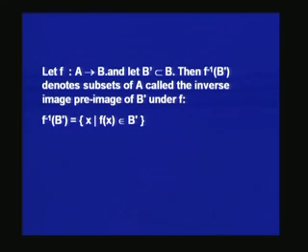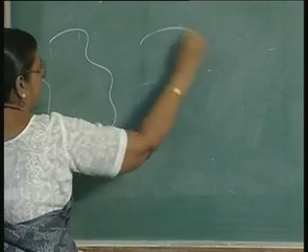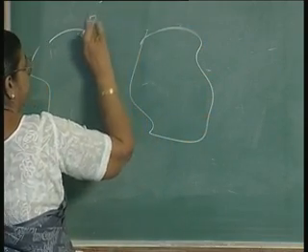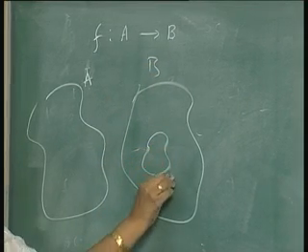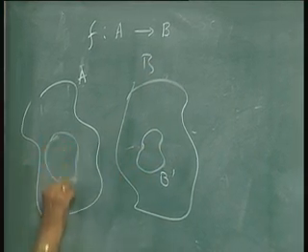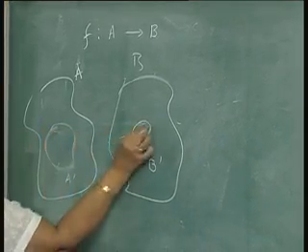Let f be from A to B and B dash a subset of B, then f inverse of B dash denotes a subset of A called the inverse image or pre-image of B dash under f. That is, if you have something like this, f is from A to B, this is A, this is B. Now you have a subset B dash, and some elements A dash, a subset of A, are mapped onto this.